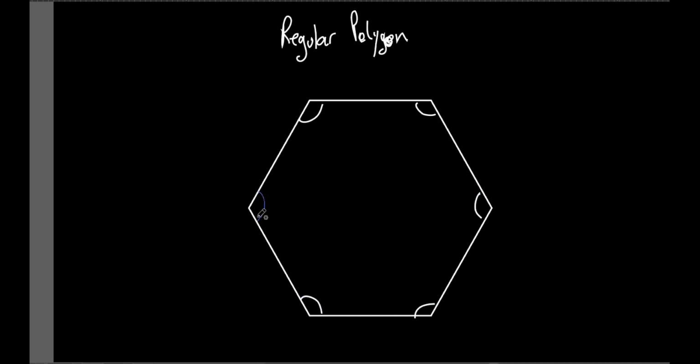I want to learn something about these angles. Since all those angles are exactly equal to each other, you should be able to tell me what each of those angles is equal to with just that information. How would you do it? Nobody?